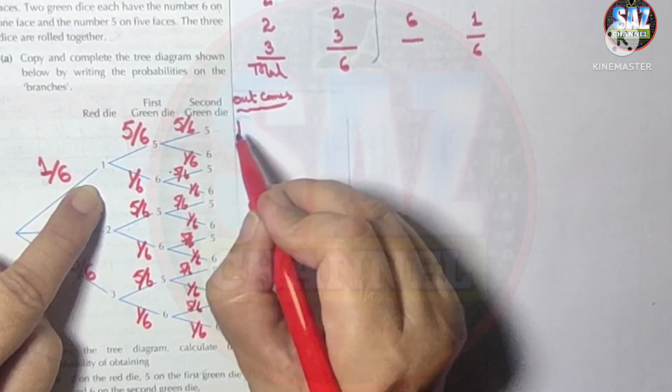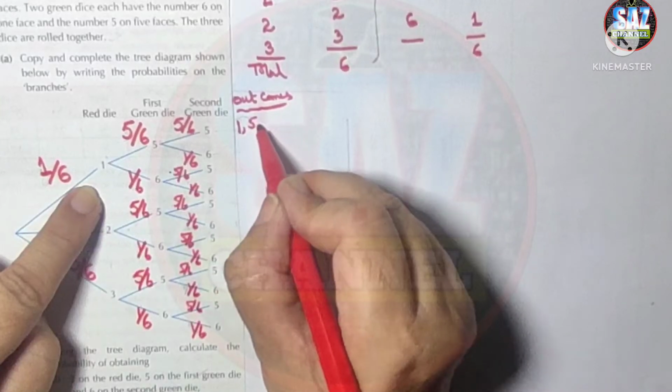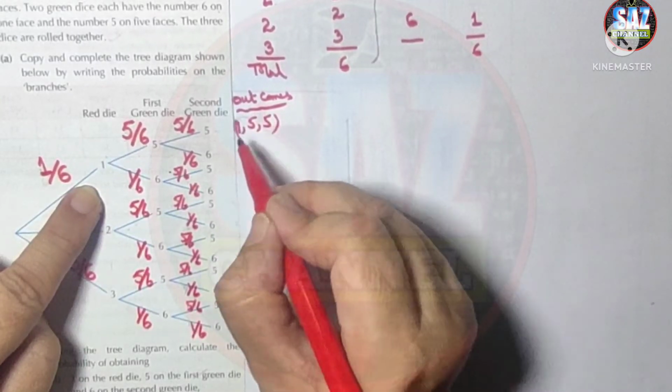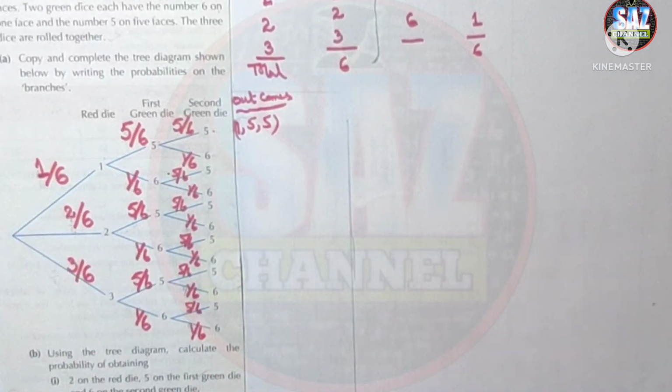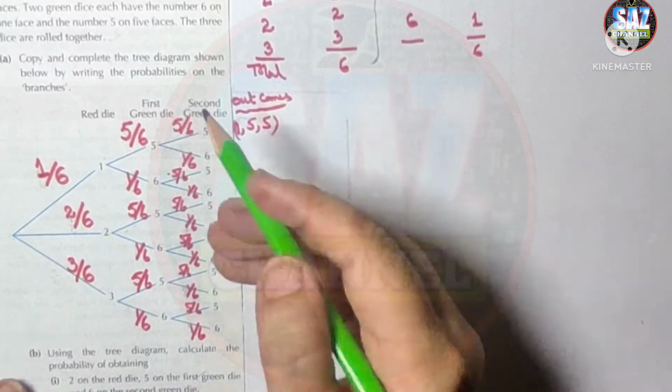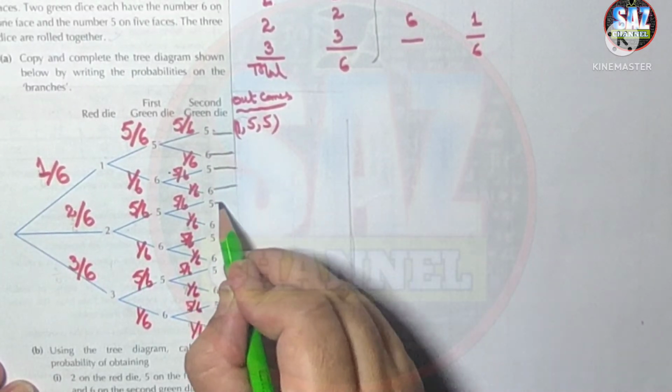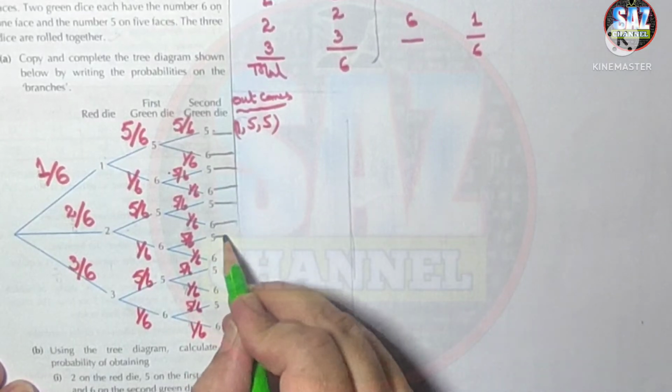Let me use a ruler and pencil first. It will take some time, but there has to be some symmetry in your work, students. Your outcomes should not mix with each other.